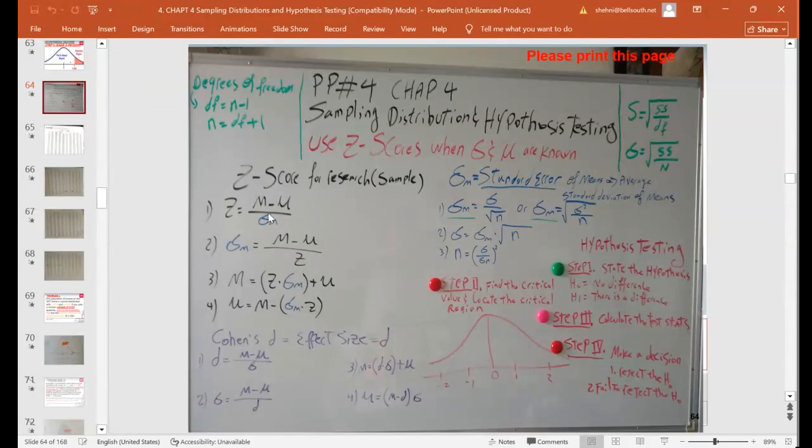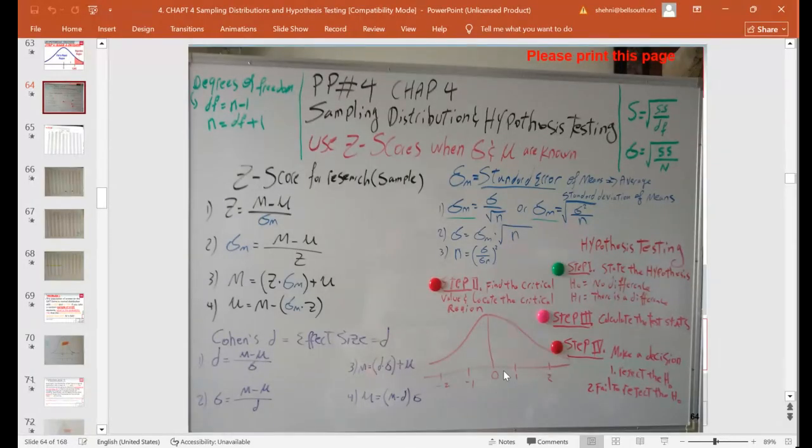Degrees of freedom is n-1. The formula for the z, M minus mu divided by standard error, and those are the derivatives 2, 3, 4. And then Cohen's d, if you are asked to calculate that, is M minus mu divided by standard deviation, and those are in purple, and those 2, 3, and 4 are derivatives.